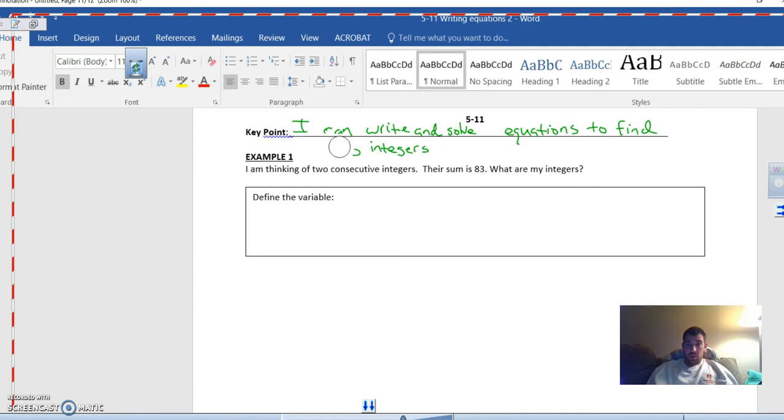Or maybe I'm going to change this to find consecutive integers. This is a standard, guys.